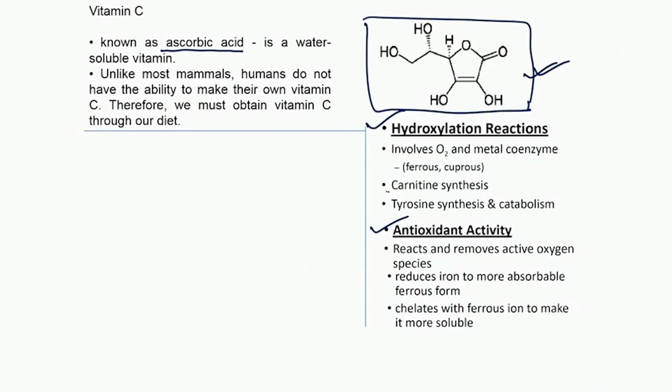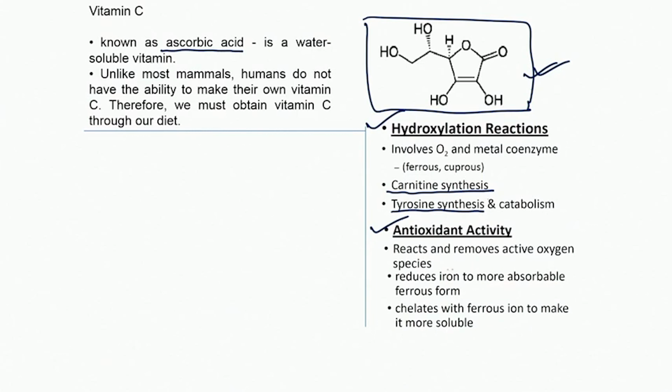Like there is one muscle building compound which is called carnitine, and tyrosine also is formed from phenylalanine, because you need one hydroxy group at the para position of the aromatic ring, or they are also involved in hydroxylation reactions in the case of neurotransmitters like epinephrine. We will talk about that, epinephrine or noradrenaline, adrenaline, all those things. Okay.